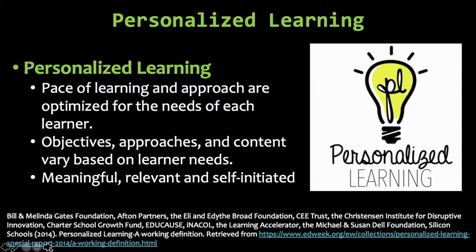The next one we'll look at is personalized learning. Personalized learning is one of the newest parts of these models, and really has at its core the concept of optimizing the learning pace for each student, with a focus on providing content that's meaningful, as well as individualized goal setting.